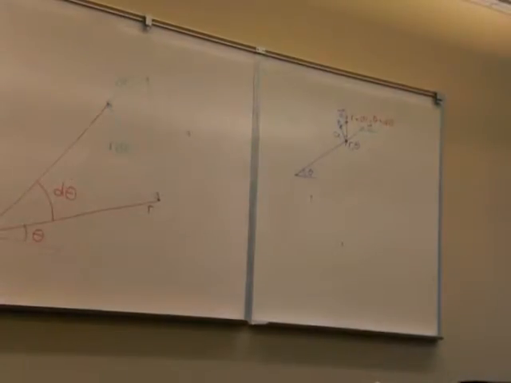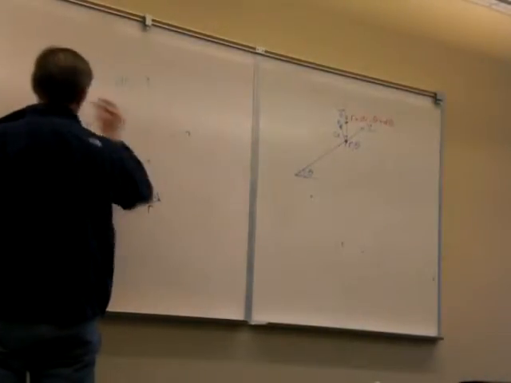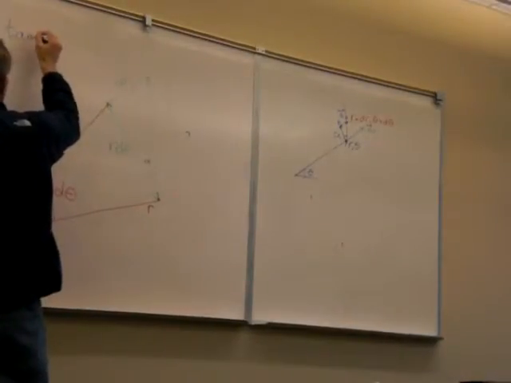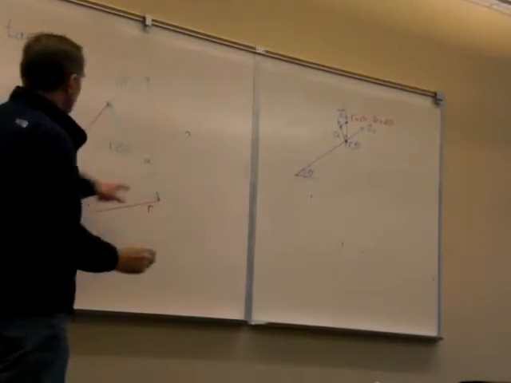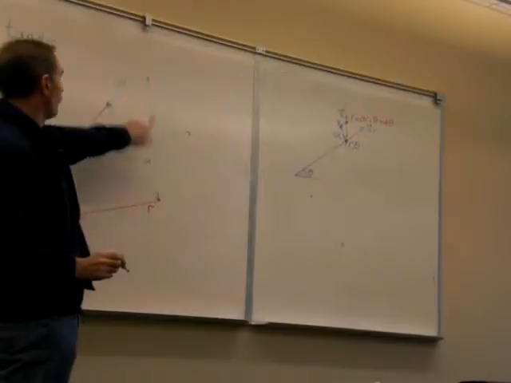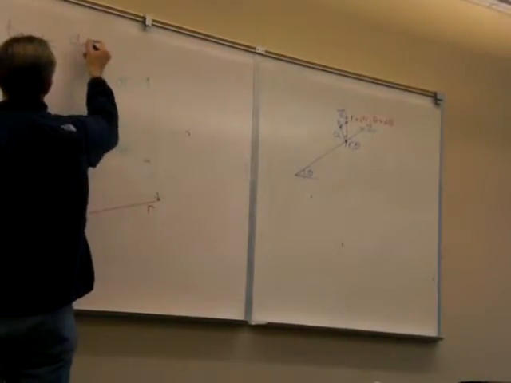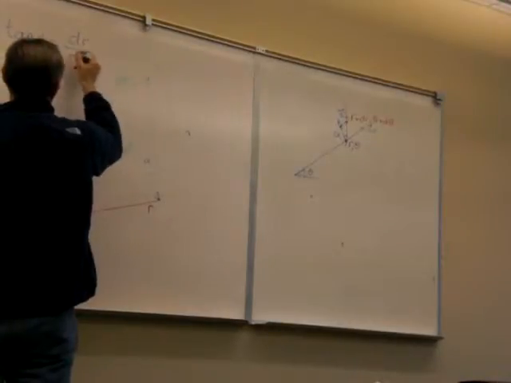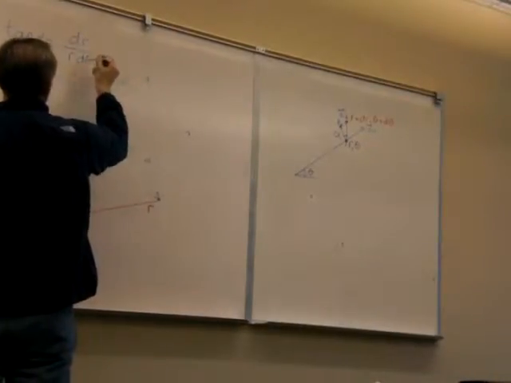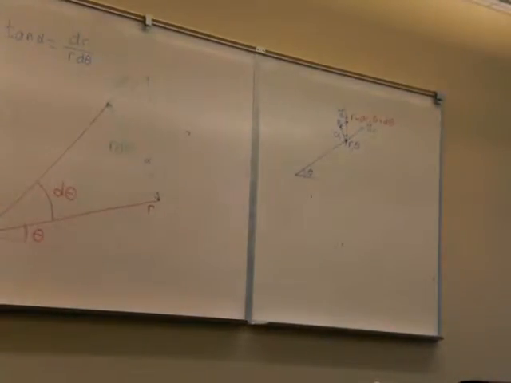So now, if you think of what the angle is going to be, I can compute the tangent. And the tangent is opposite over adjacent. So you would get dr over r d theta. So that's what the slope would be. But now, how do you relate this to the velocity?